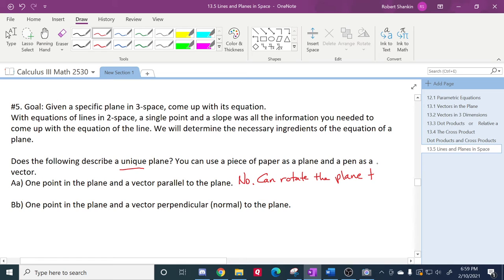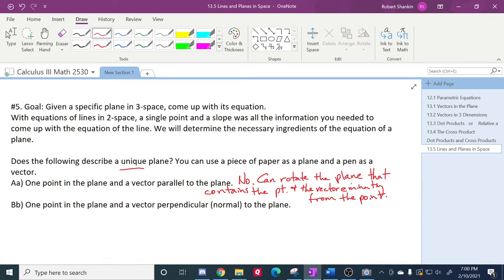Now the plane has to contain the point, and it has to contain the vector emanating from the point. That plane can be rotated in an infinite number of directions.